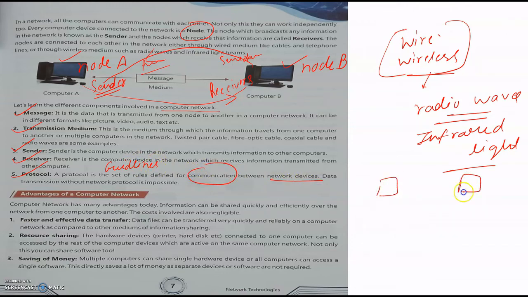Suppose these are computer devices, node 1, node 2, node 3, connected with each other. These devices have to follow certain rules and regulations for sending messages to each other. That rule and regulation is known as protocol.